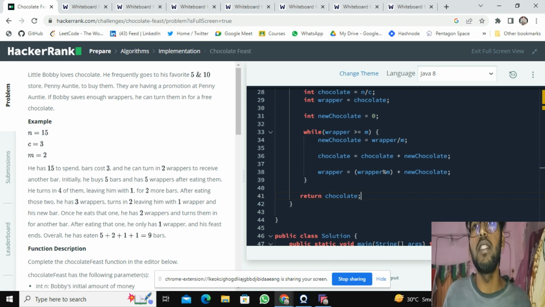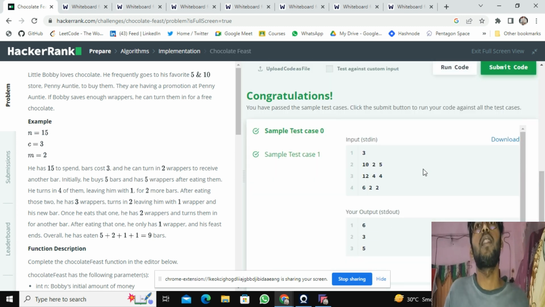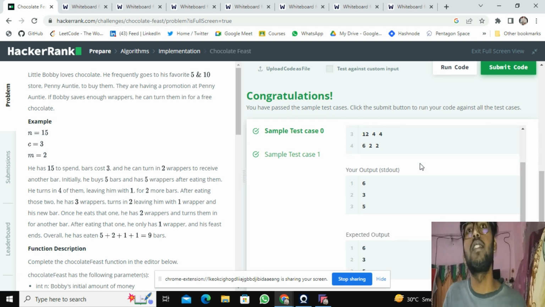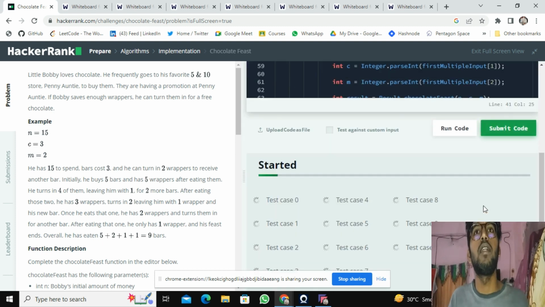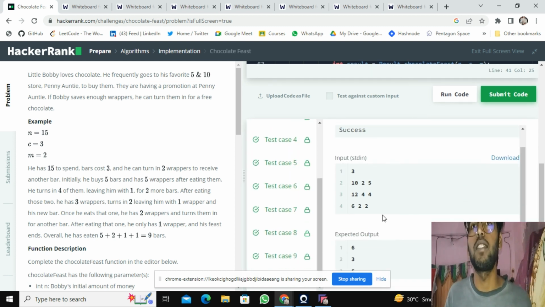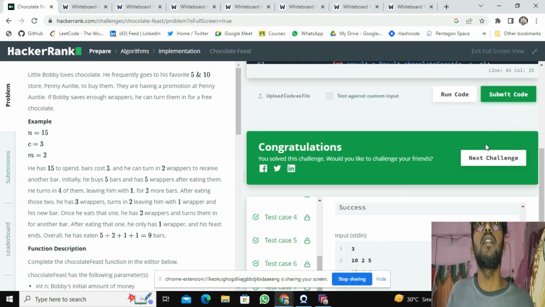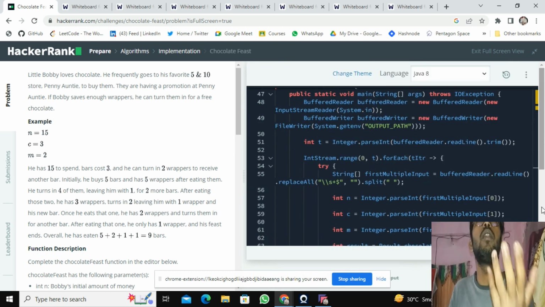If I run this now, it should run. Yep, as you can see, the test cases are passed. If I submit it, all the test cases 1, 2, 3, 4 will get passed. So that is how you can code this.